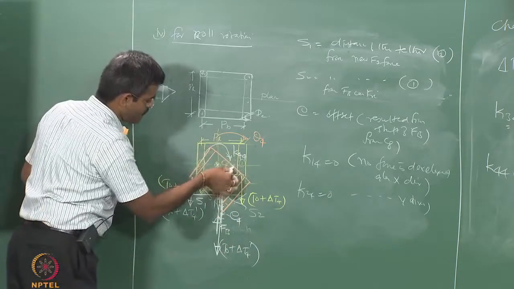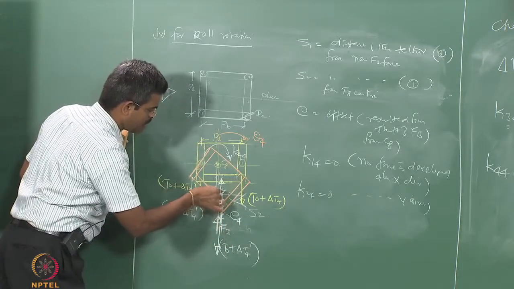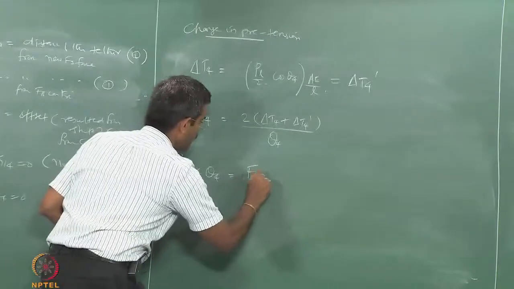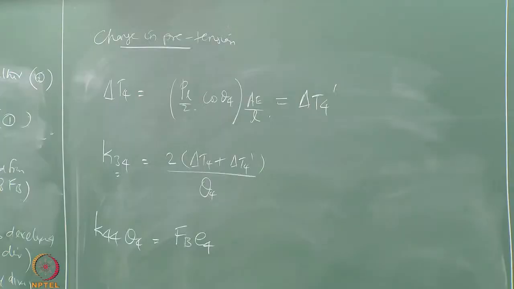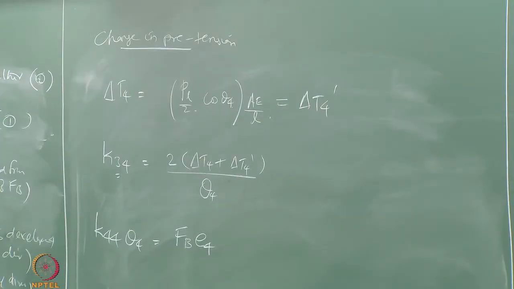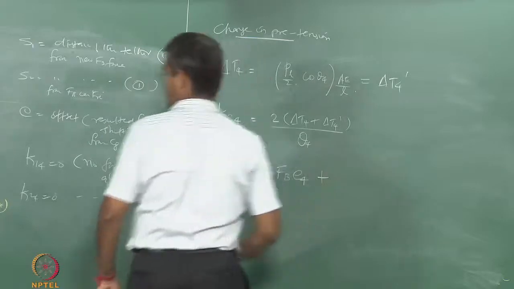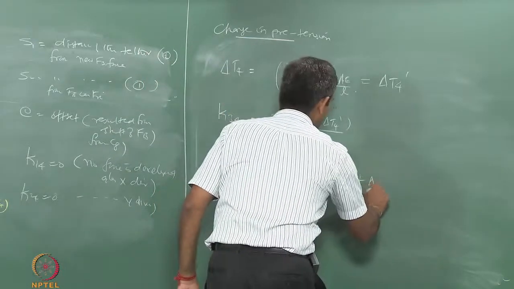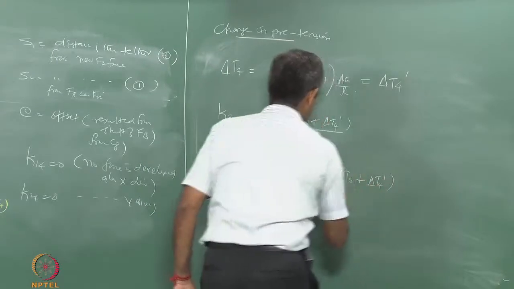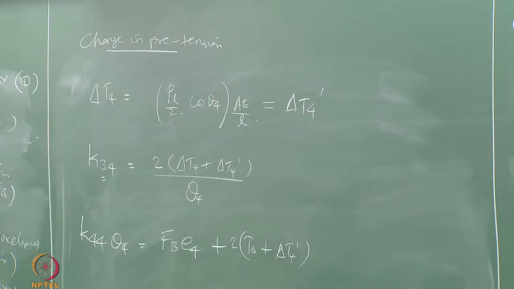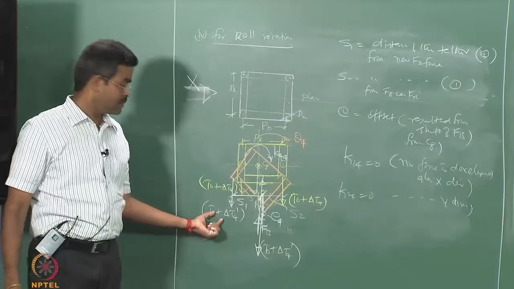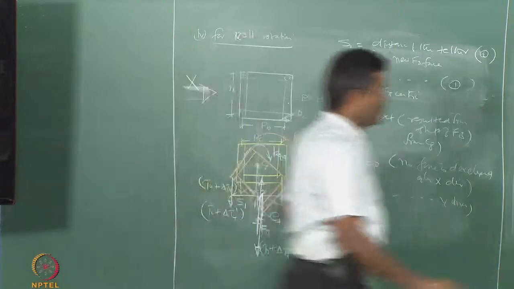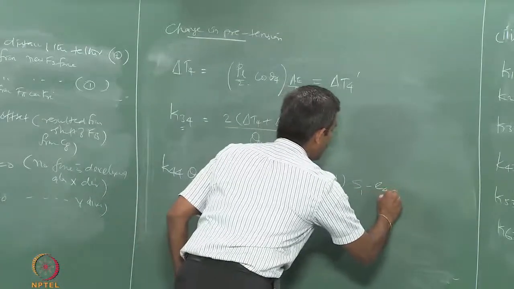So this is clockwise, Fb is having eccentricity with CG, which is E4. So Fb of E4 plus T0 plus delta T4 dash twice, I am talking about this leg, into S1 minus E4.